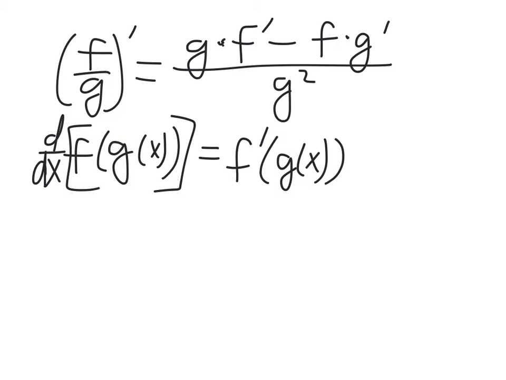And then finally the last part times the derivative of the inside. And the most common mistake here is taking the derivative of f and the derivative of g, putting that derivative of g inside the derivative of f. That's not the case. We put the original g of x, keep that on the inside, and then multiply the derivative of g on the outside. Okay.